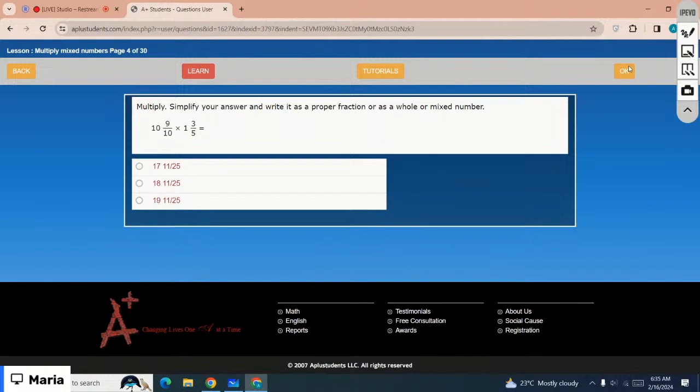Multiply 10 whole 9 over 10 times 1 whole 3 over 5. So which is the correct option?